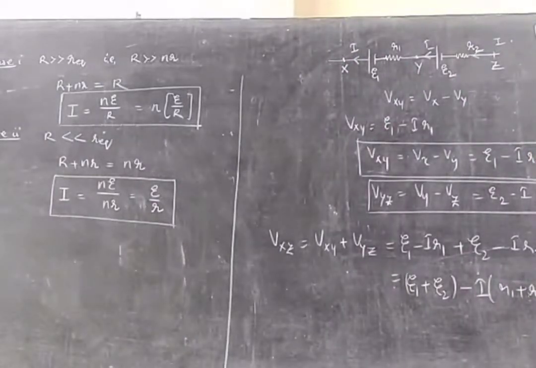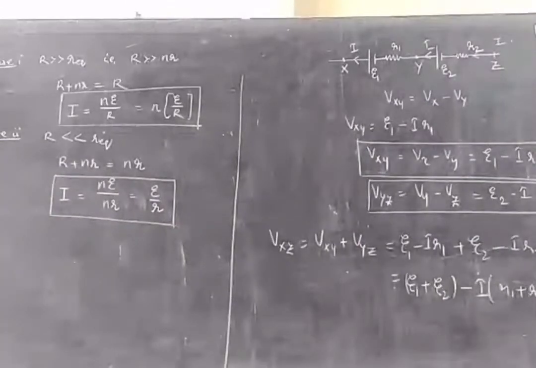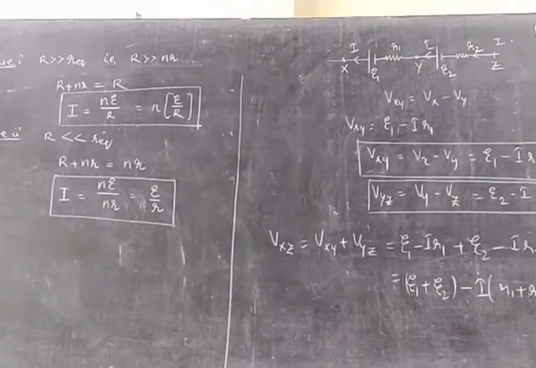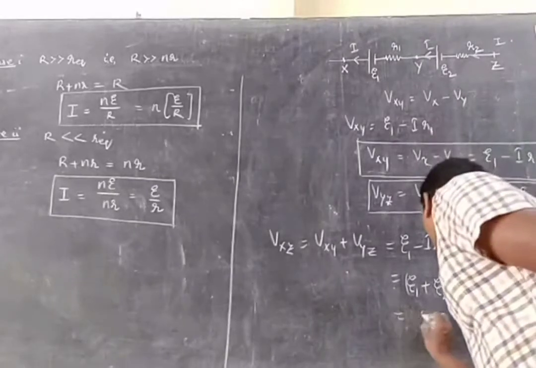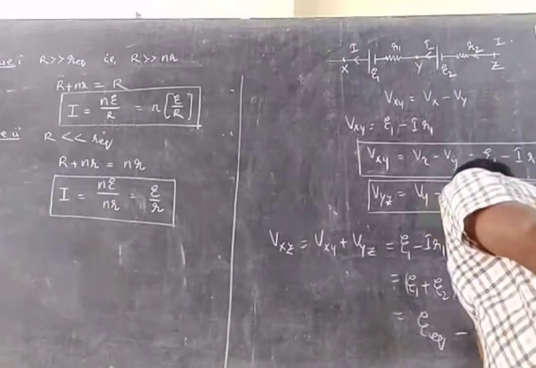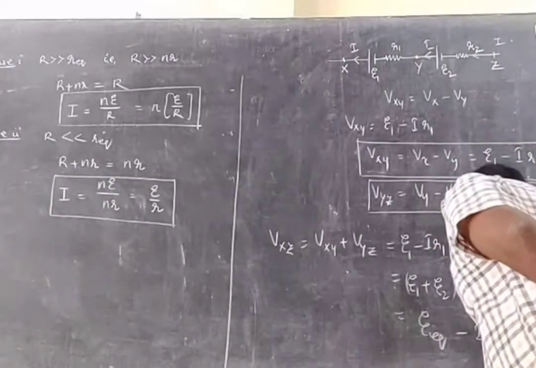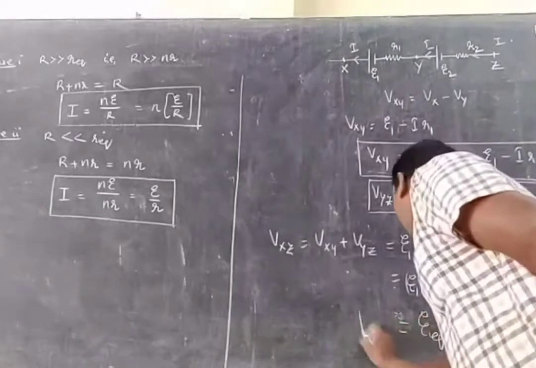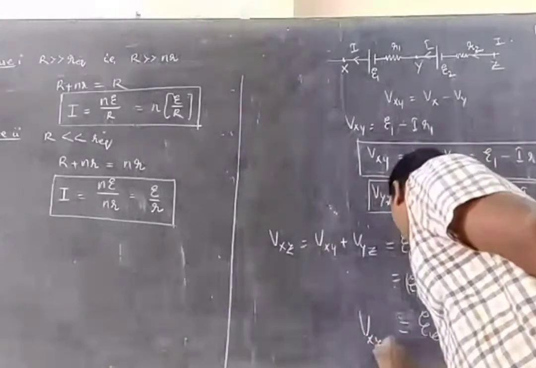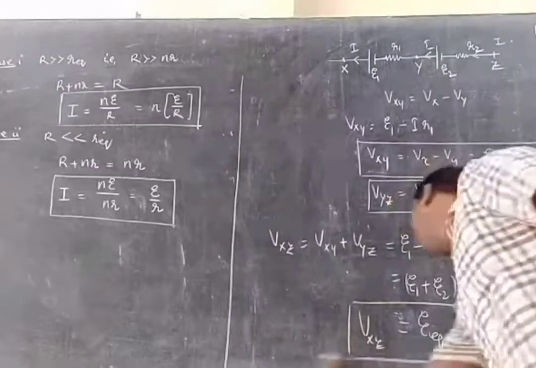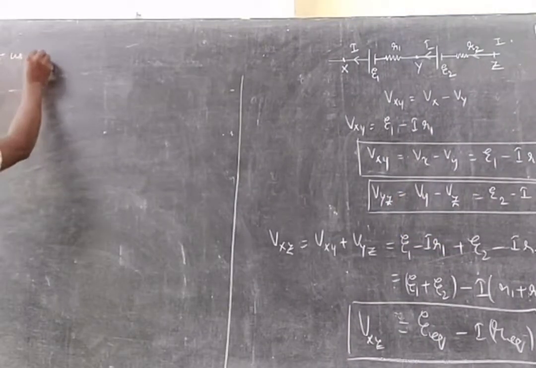E1 plus E2 gives you E equivalent. R1 plus R2 gives you R equivalent. Therefore, E equivalent minus I into R equivalent is equal to the potential across XZ.